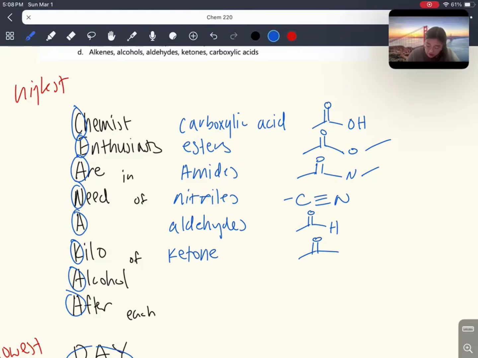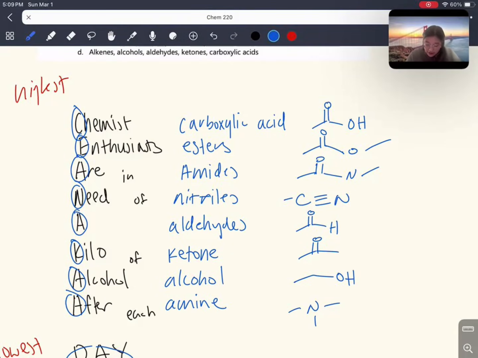The A in alcohol, coincidentally, is alcohol, so that one's easy to remember. That's the alcohol functional group. The last A stands for amine, and amines look like this. There are also some groups not covered in the list.